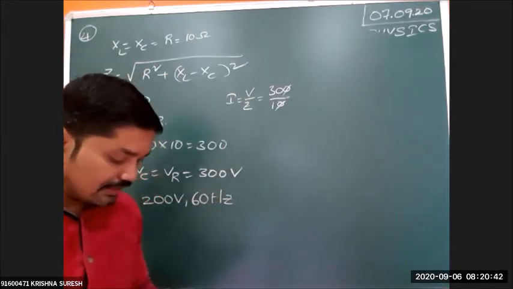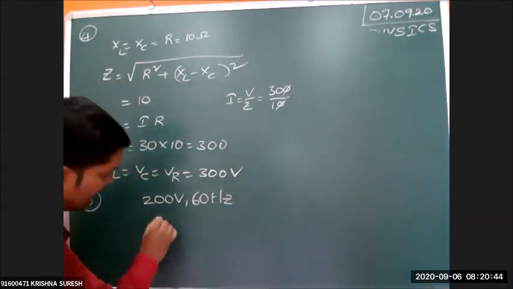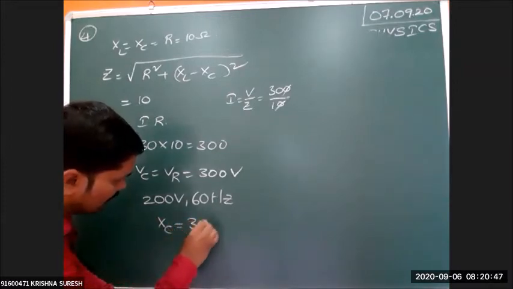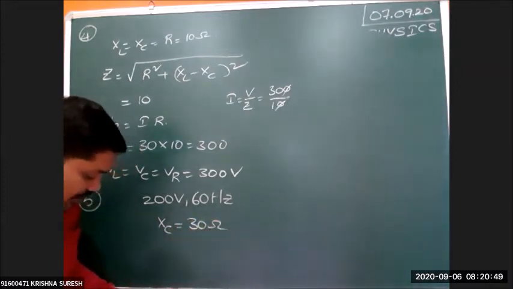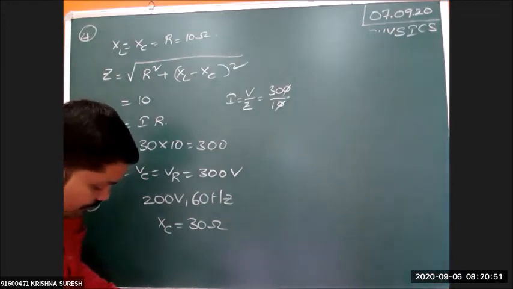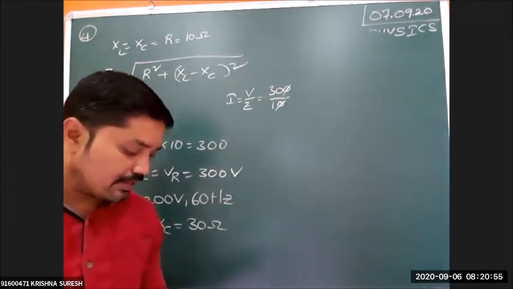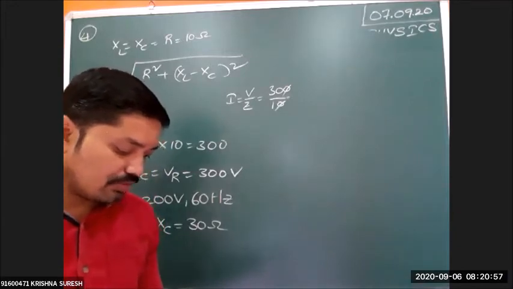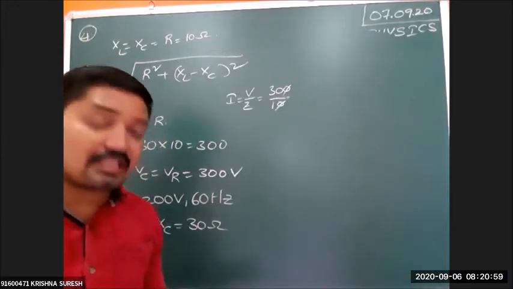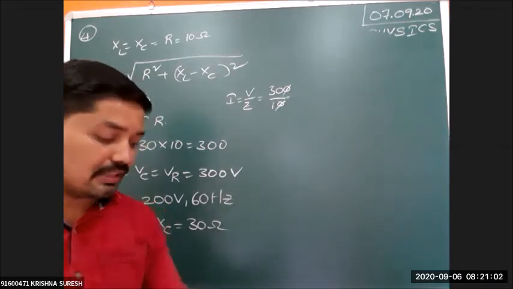And after that, capacitive reactance XC is equal to 30 ohms. In the same way, resistors he gave you 44 ohm, and inductive reactance 90 ohm and resistance 36 ohm. The power dissipated in the circuit. We want to find that power.